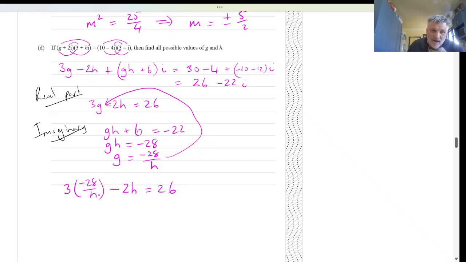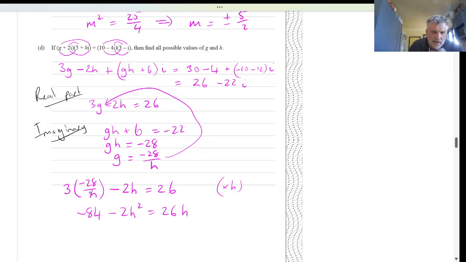Now this is a quadratic, sort of a quadratic in disguise. If I multiply the whole equation by h, I'm going to lose the h here, so that's 3 times 28, 60 and 24, is minus 84. Multiply this by h, you get minus 2h squared. Multiply this by h is 26h.